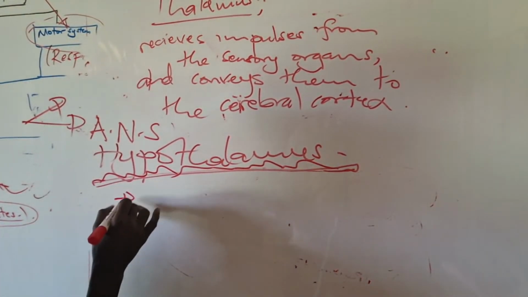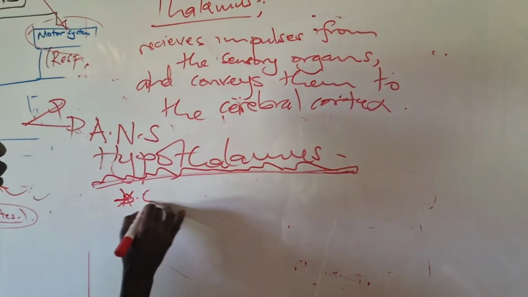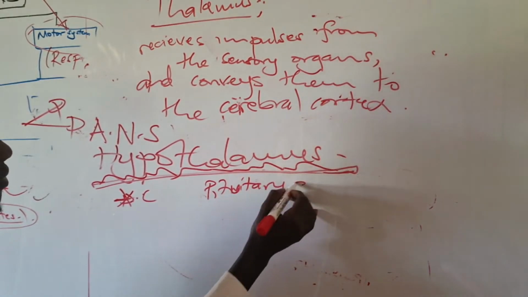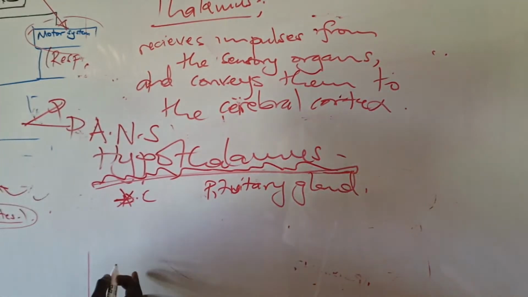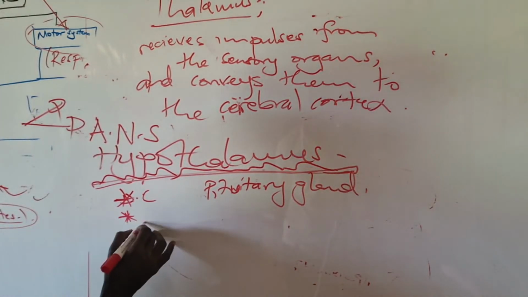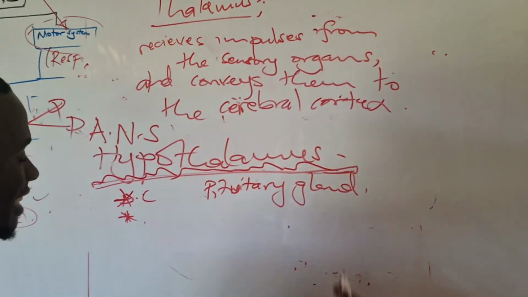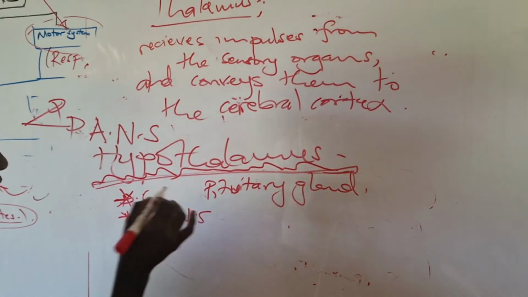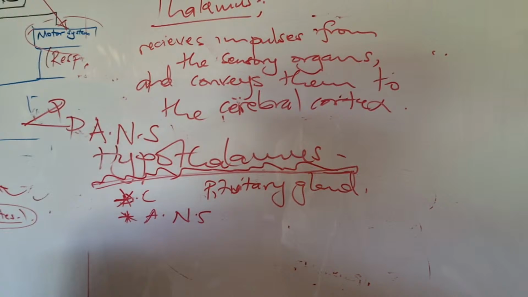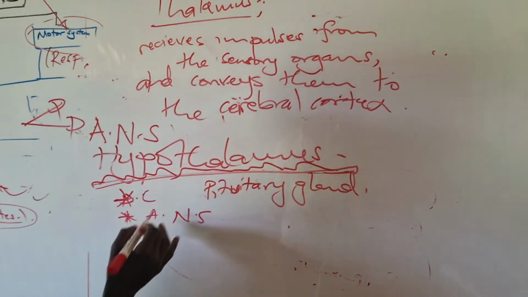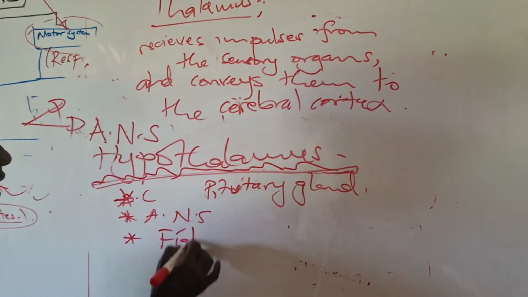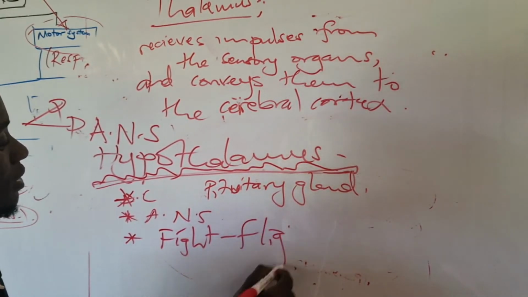We've mentioned a number of them: it controls all the activities of the pituitary gland, and it controls and initiates all the activities of the autonomic nervous system. We've mentioned some. We shall find that it's the hypothalamus that initiates what we call the fight-flight response.